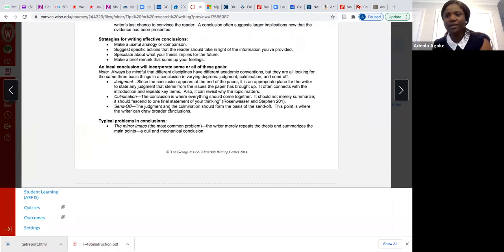strong points, right? So you can connect, for example, the change of policy with the effect that it's going to have on the broader society, and even on the achievement gap, or whatever point you have already raised in your paper. And then you can draw broader conclusions, like you can tie your paper to other big ideas out there that are not necessarily what you talked about, but have an implication for that.